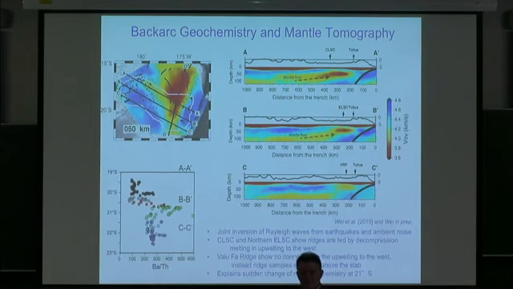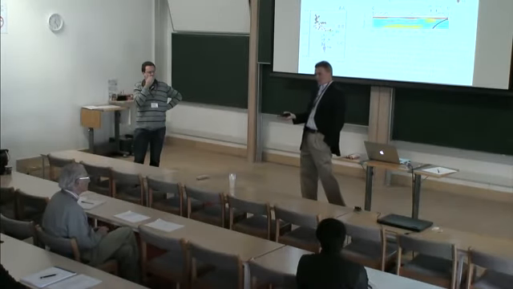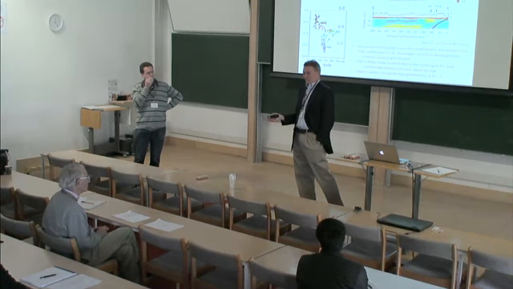Well, this is the whole argument with Charlie Langmuir that's been going on for a long time: how accurate are these major element estimates of mantle potential temperatures, given that they fail to predict the thickness of crust in some areas? I don't know. I think that's a bit beyond me as a seismologist, but the one thing I would say is that the mantle is likely quite depleted in this whole region, so you probably have lower crustal generation because of the degree to which the mantle is depleted.